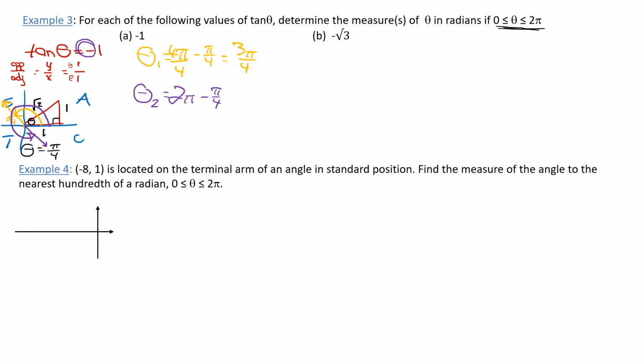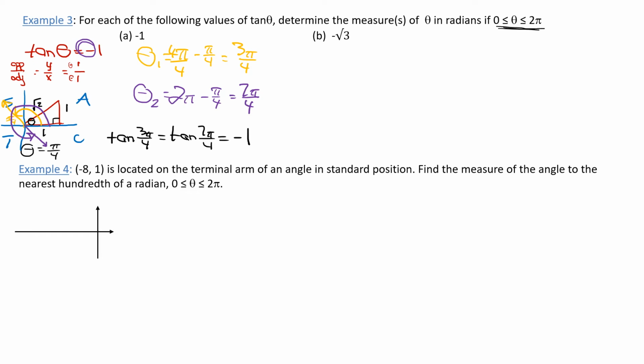So that's 8 pi over 4 minus pi over 4, that's 7 pi over 4. So theta 2 is 7 pi over 4. So what we've got is tan of 3 pi over 4 is equivalent to tan of 7 pi over 4, and that's all equal to -1. That's what we've found there.